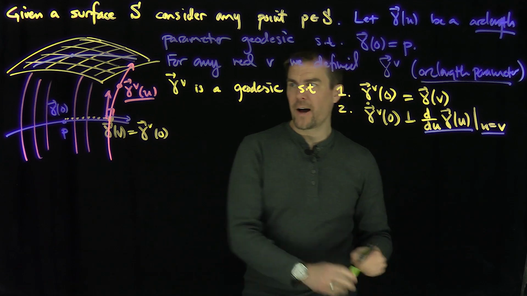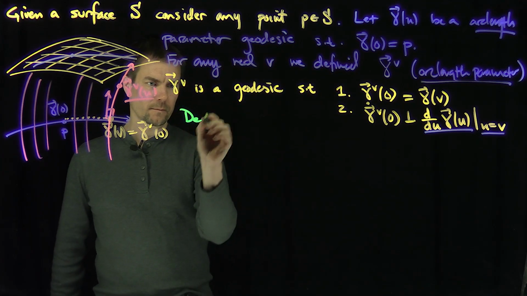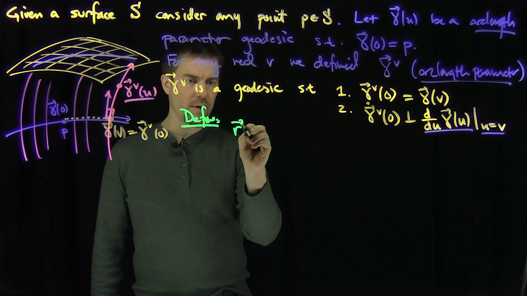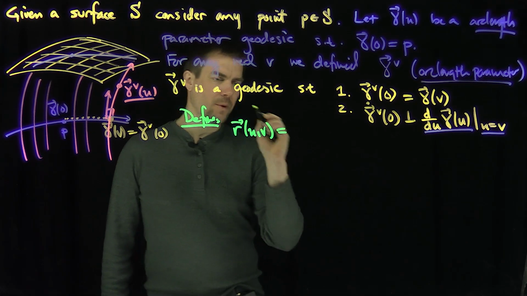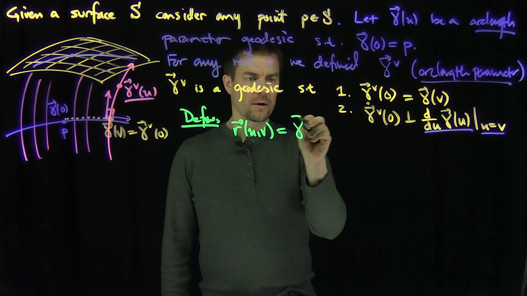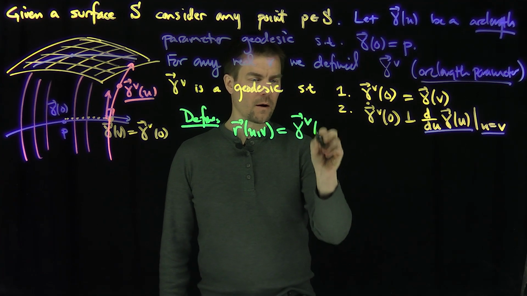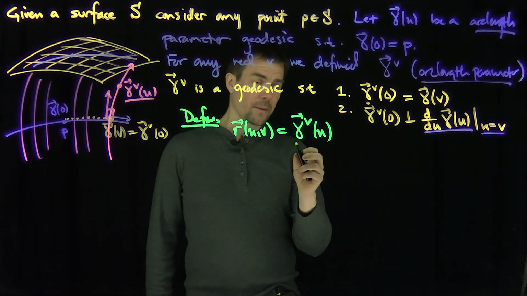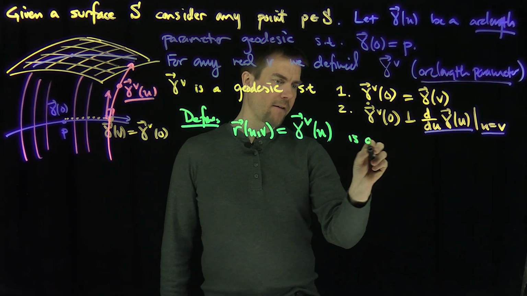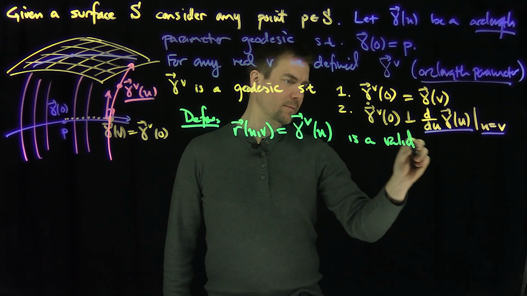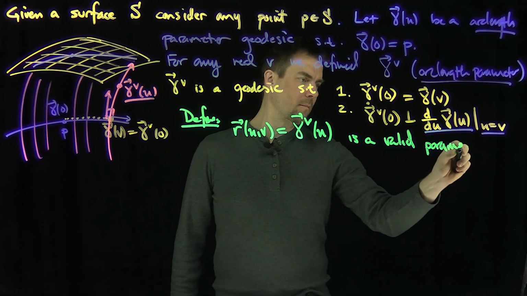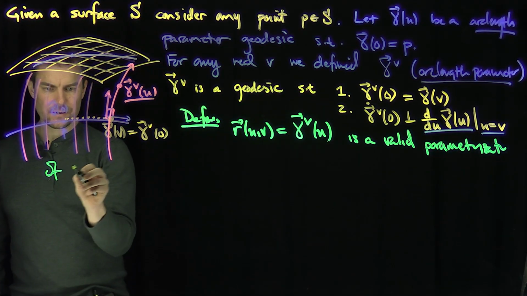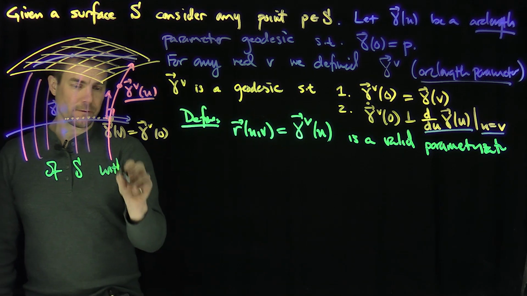So what I can do now is define a parameterization r of u and v to be this gamma v of u, okay? So define curves. The parameterization is a valid parameterization of our surface S with first fundamental form.